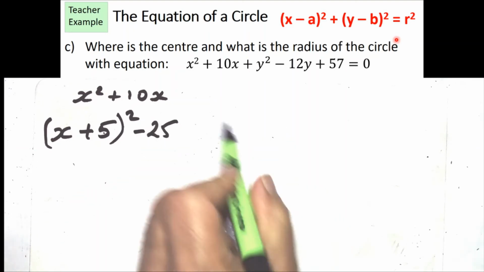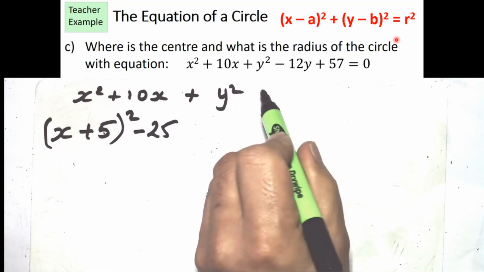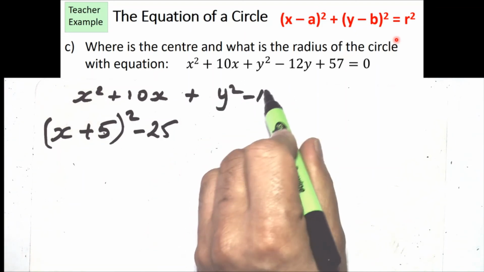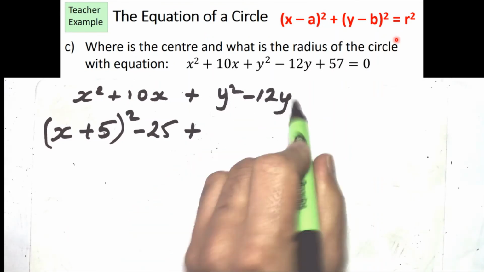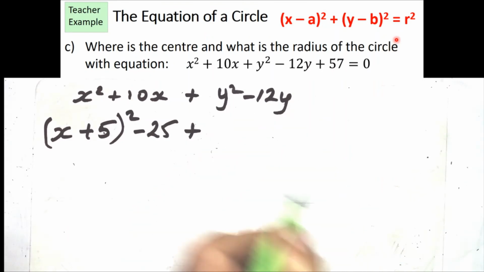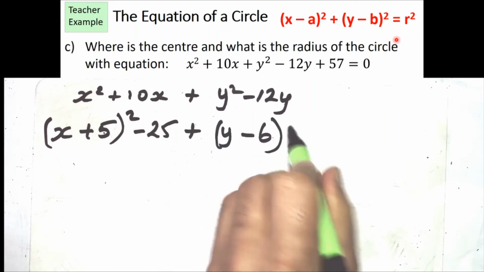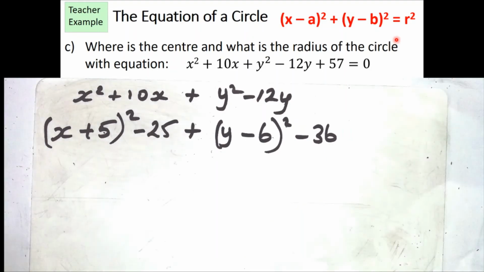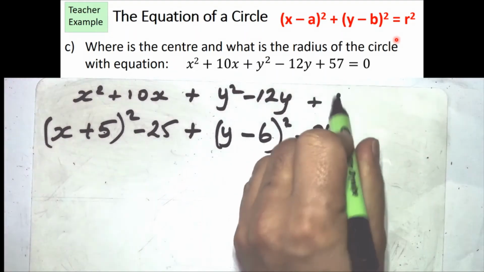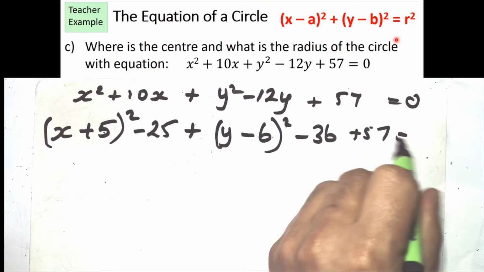Next, if I look at the y part, y squared minus 12y, I can again complete the square on that, and that becomes y minus 6 all squared minus 36, and I've still got the plus 57 equals 0.